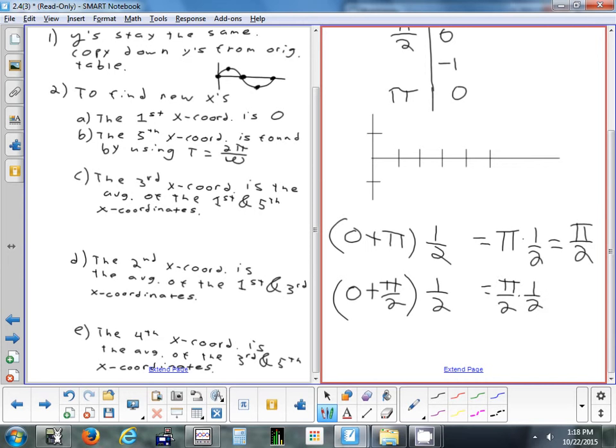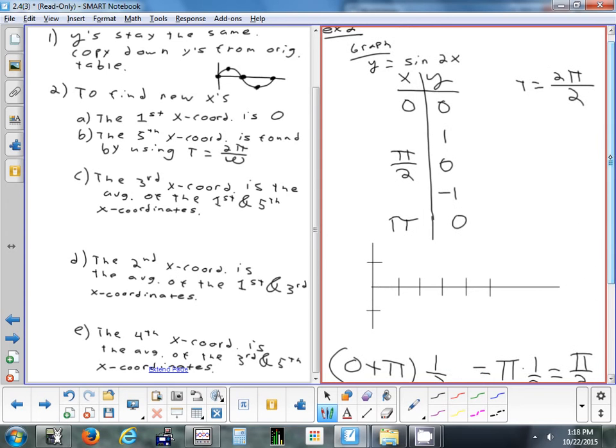And what's half of pi over 2? Wouldn't it be 1/2 pi over 2 or something like that? To do this, you just want to multiply straight across. Oh, okay. It would be pi over 4. All right, so that's our second one.